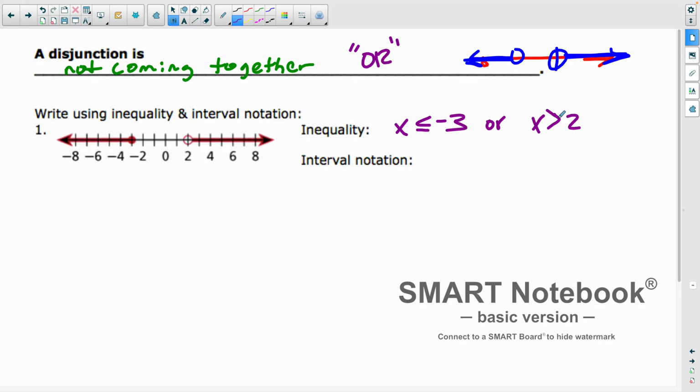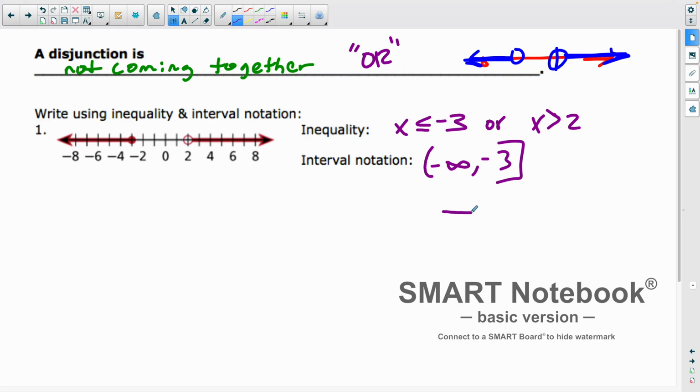Now, if we talk about interval notation, we're going to get the big number and the small number in each region. What is the smallest number if I'm going that way to the left? -8, that's shown, but it keeps on going, right? -infinity, and then the big number in that region is -3. -3 is going to get a bracket. When do I use a bracket?